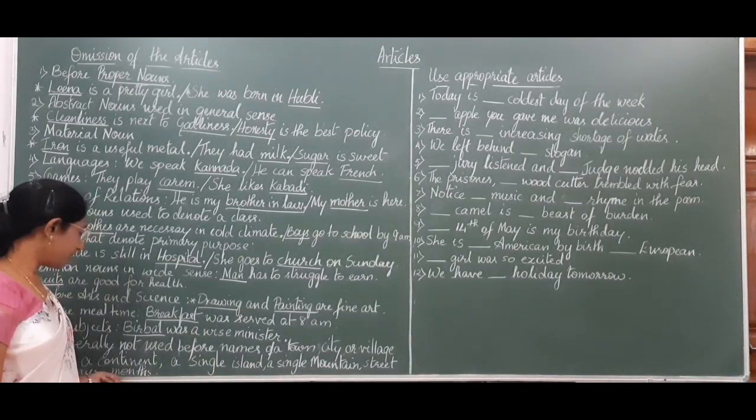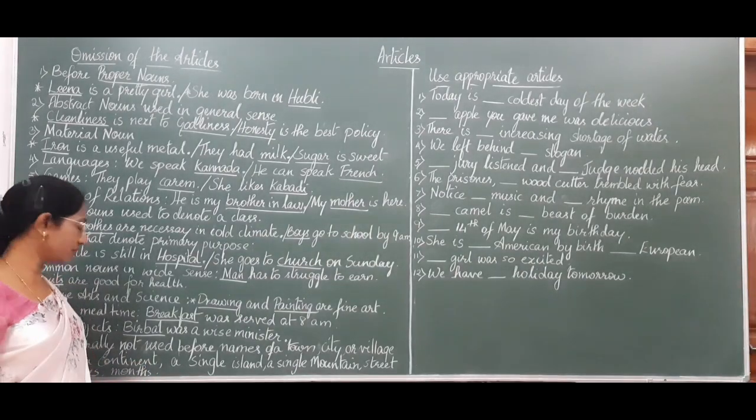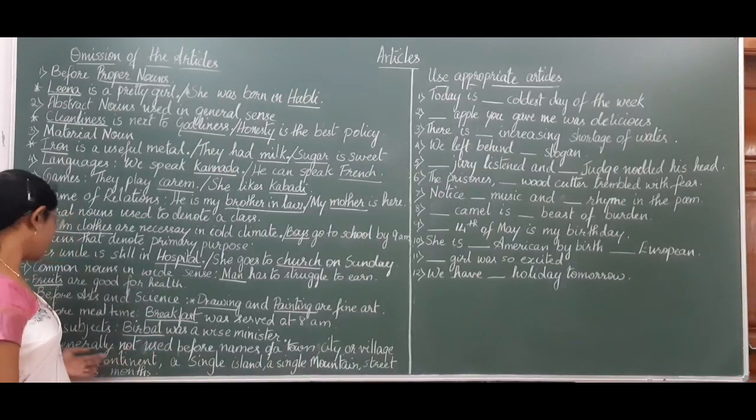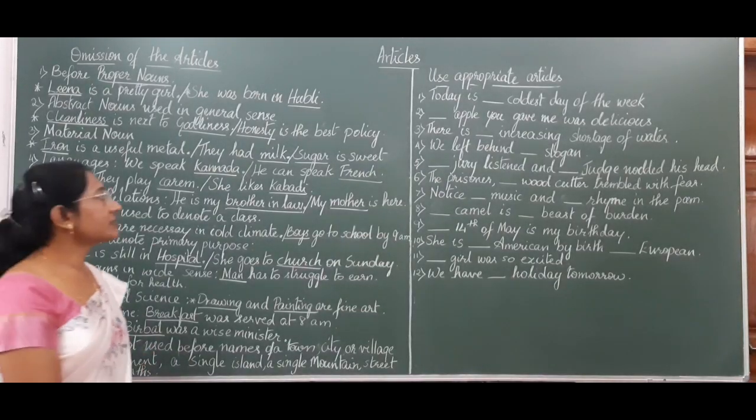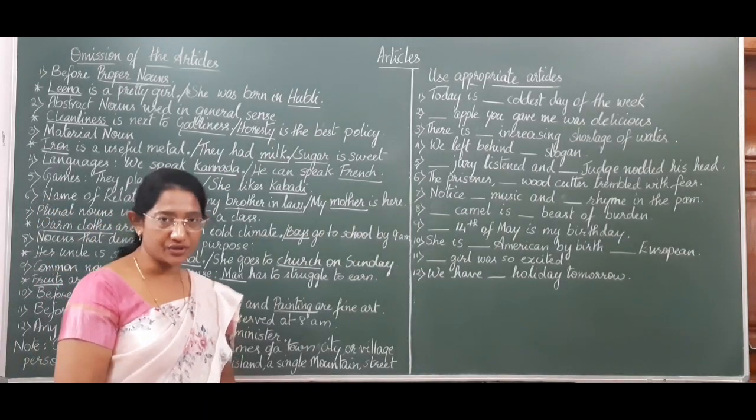Even the names of the months, January, February, March, April, May, June, and so on, don't take articles. So that was all about omission of articles, where articles are not used.